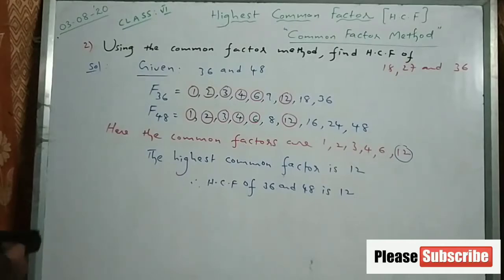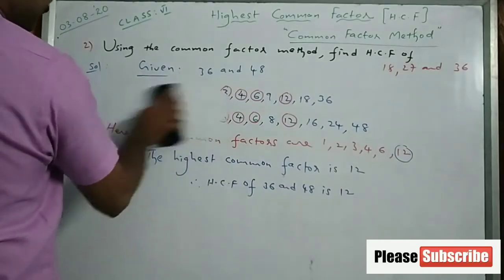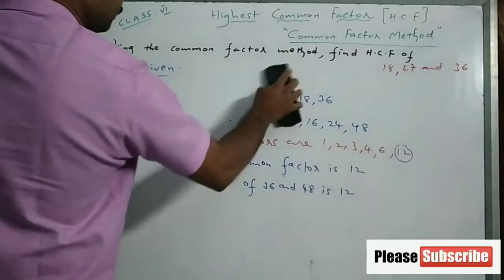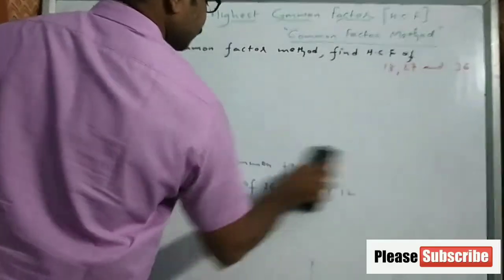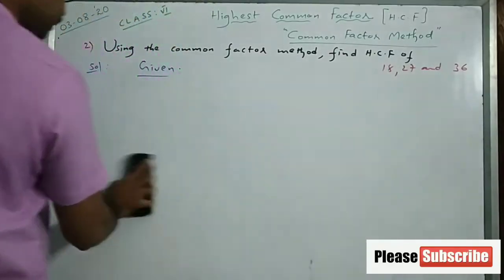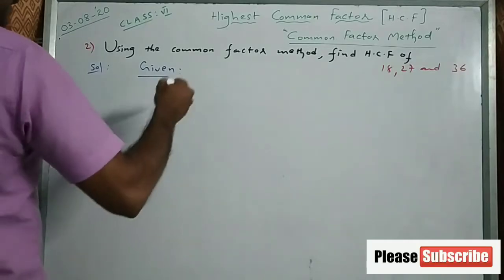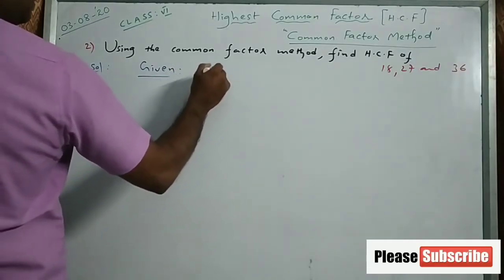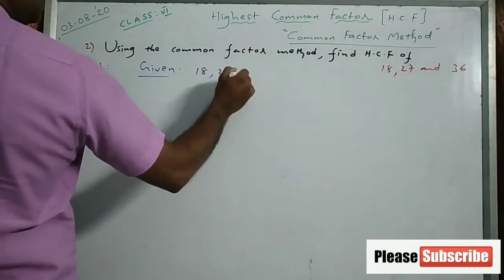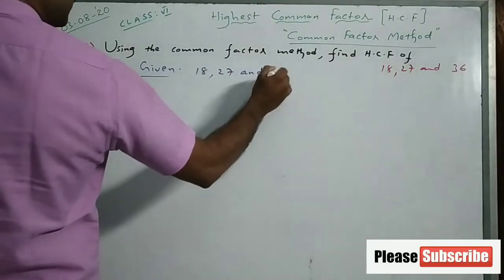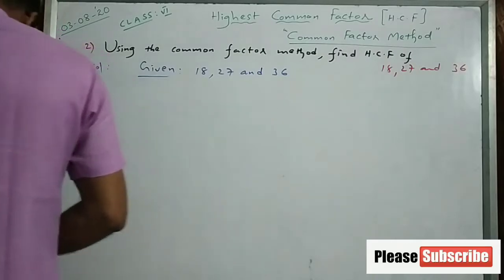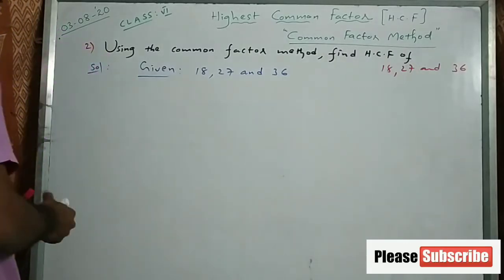Now let us find the factors first. Given numbers are 18, 27 and 36. What are the factors for these numbers?